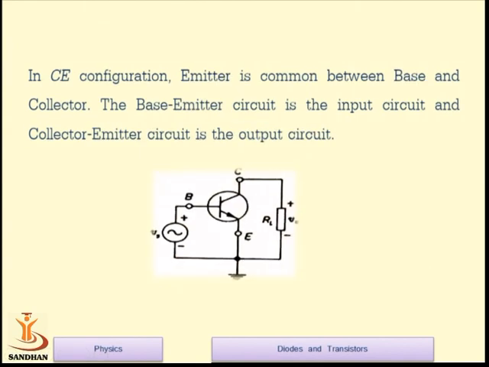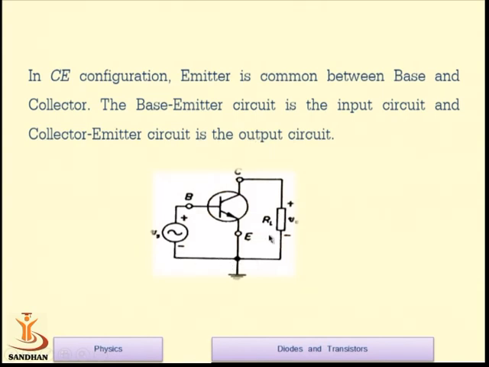The next configuration is the common emitter configuration, where the emitter is common in your input and output. You apply your input at the base terminal, the positive of your input is connected to the base and the negative of your input is connected to the emitter. The collector is connected to the positive of your output and the negative of your output is connected to the emitter. So the emitter is common in your input and output.